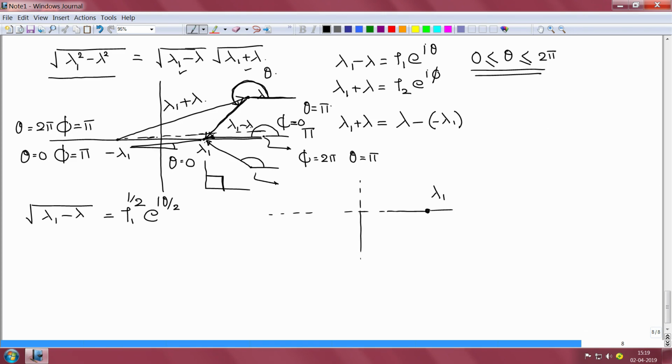Because the total argument theta goes from 0 here to twice pi over here, half the argument goes from 0 to pi. E to the power I theta by 2 goes from 0 to pi. And so one can see that with respect to lambda 1 minus lambda, this entire line is a branch cut going off to minus infinity.